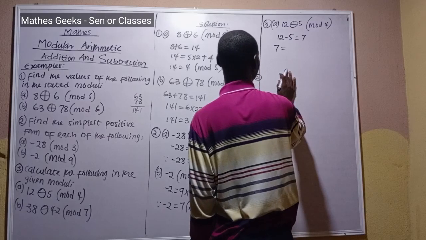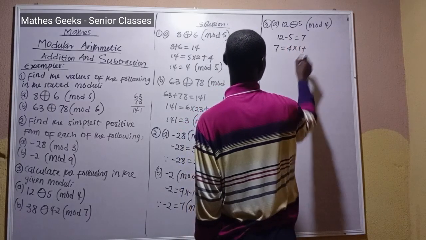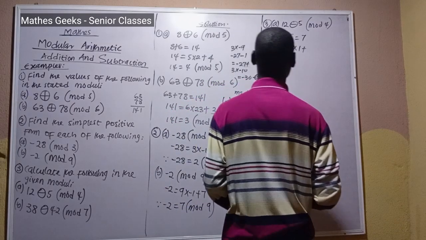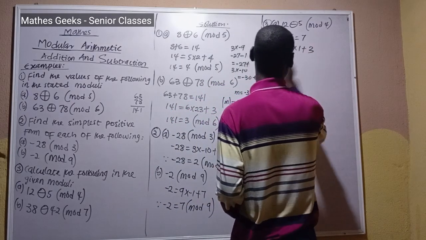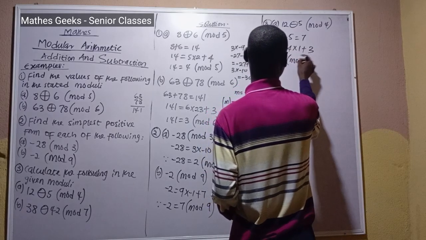The multiple of 4 that is closer to 7 is 4 times 1. And then what is left to be added to 4 to get 7 is 3. So 3 is the remainder, so 7 is equal to 3 mod 4.